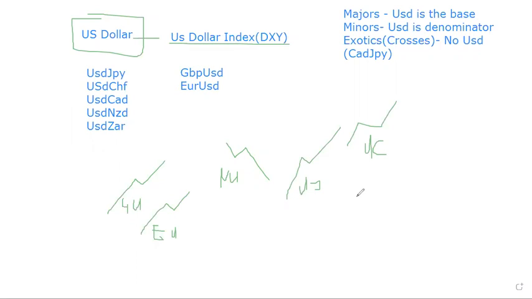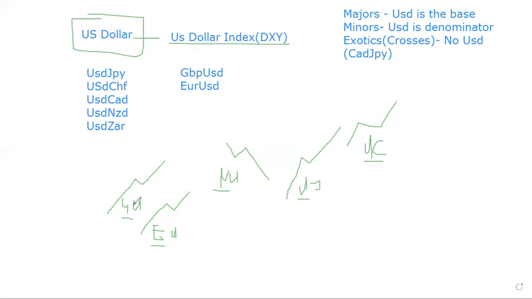The next thing is, this is telling me GBP is strong, Euro is strong, and the New Zealand dollar is weak. The US dollar is a little bit strong, which means it's stronger than the Japanese yen and also stronger than the Canadian dollar.